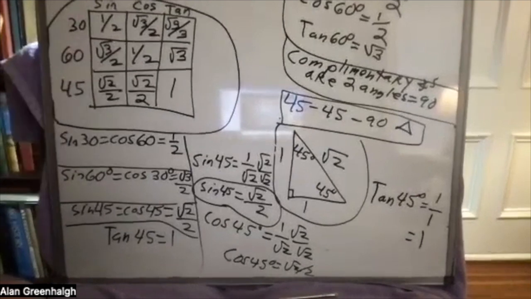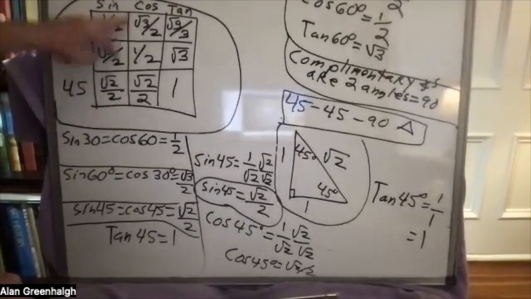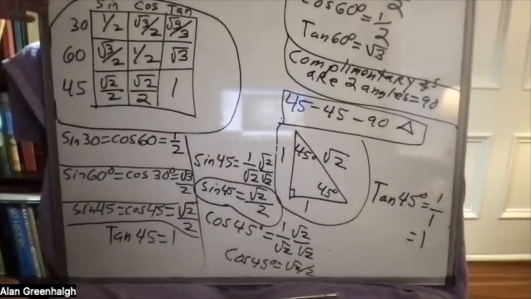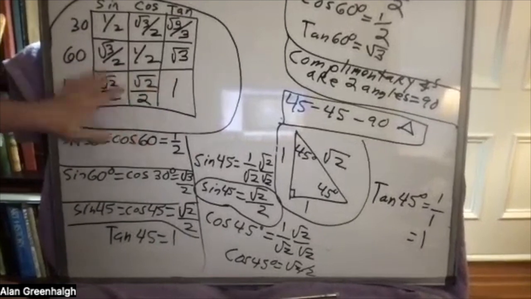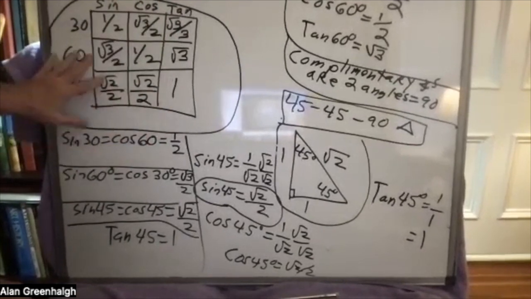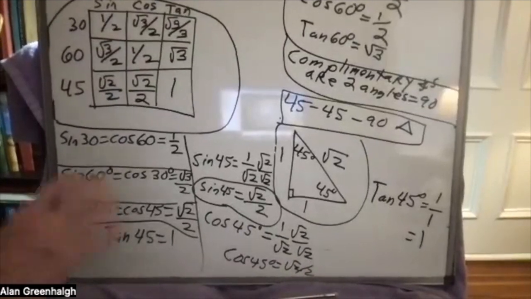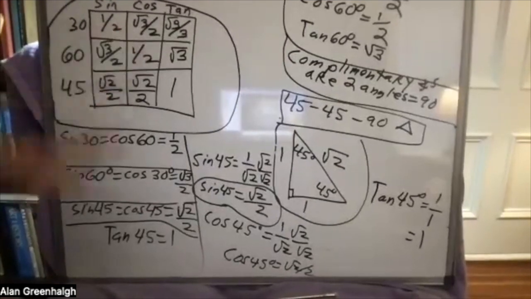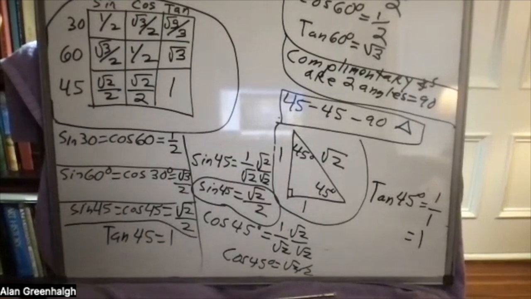Anything in between, like 18 degrees, 21 degrees, 62 degrees, or 47 degrees, will not give you exact values where you could just look at it and there it is. So one way or another, in my opinion, memorize the chart. You're going to need to memorize that chart. Okay?